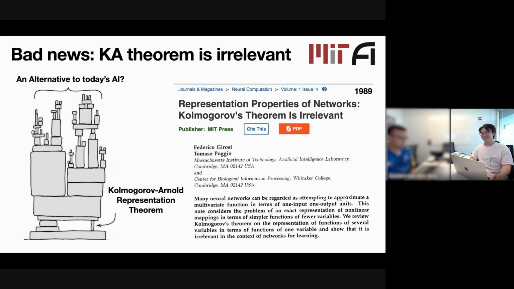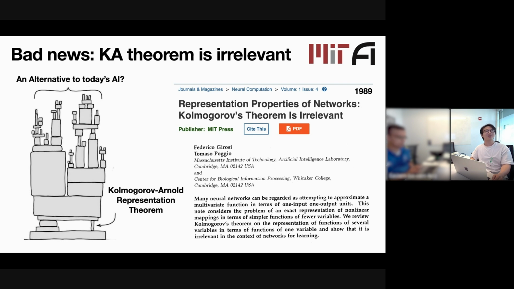This looks promising at first sight, but there's bad news from 1989. It's a paper by Federico Girosi and Tomaso Poggio, and Professor Tomaso Poggio is now a professor at MIT. I also talked to him about this idea. But as early as 1989, Professor Poggio already argued that this KART theorem is irrelevant for neural network learning.